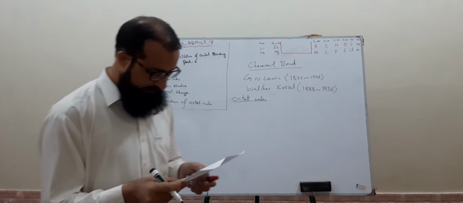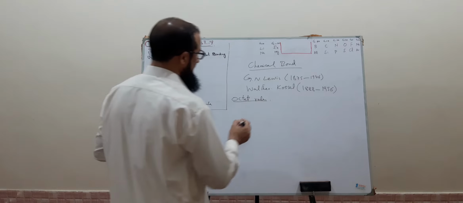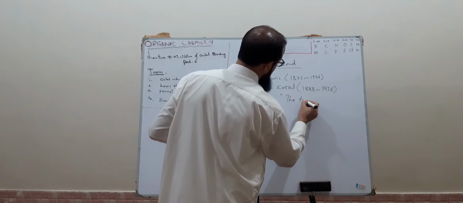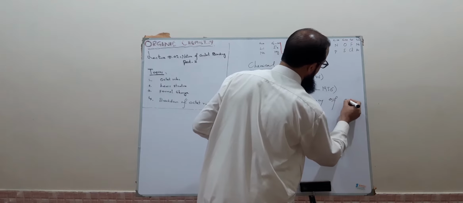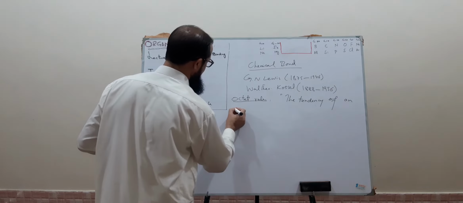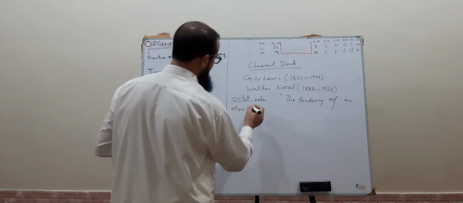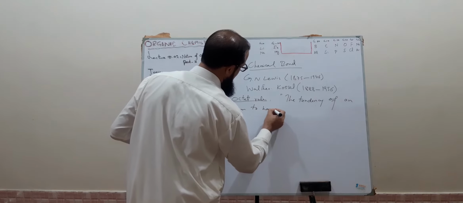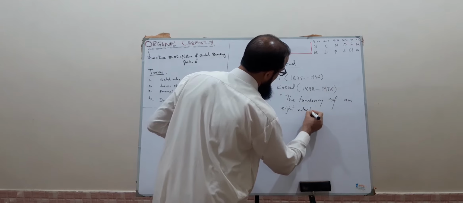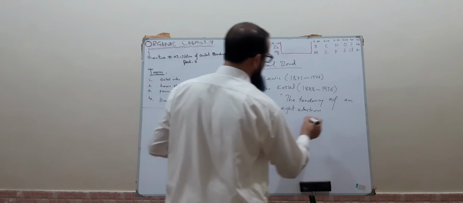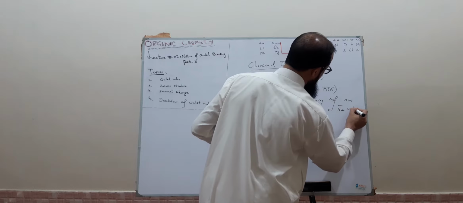According to this, the octet rule is the tendency of an atom to have eight electrons in the valence shell.